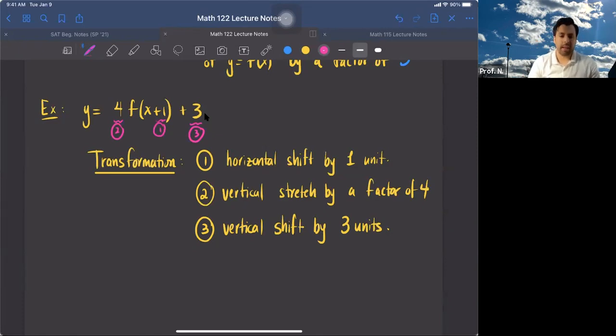So it doesn't have to be in order. Like I said, Chen, for these commands, it does not matter which one goes first. The result will always be the same. So if I shift it first by 3 units, and then I shift it by 1 unit, oh wait, I should have said horizontal shift by 1 unit to the left, and vertical shift up by 3 units upward.